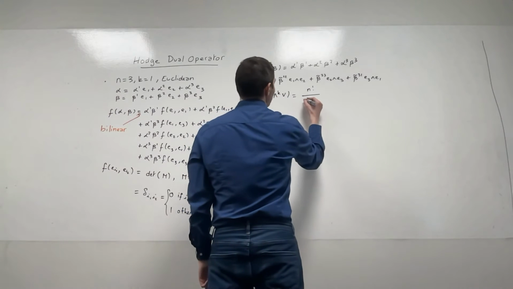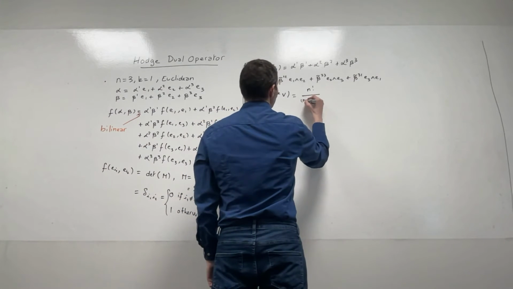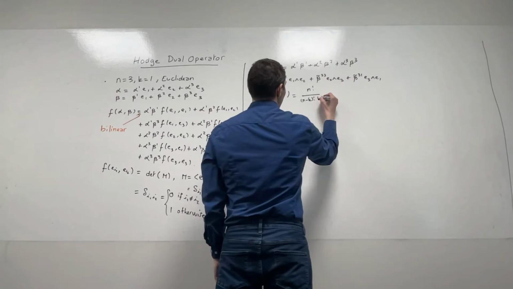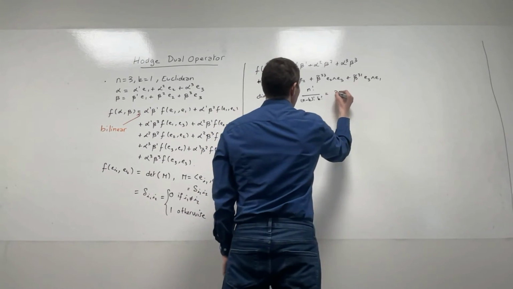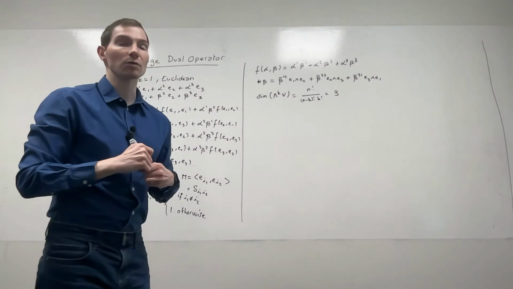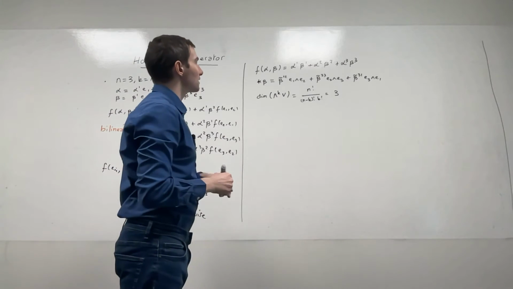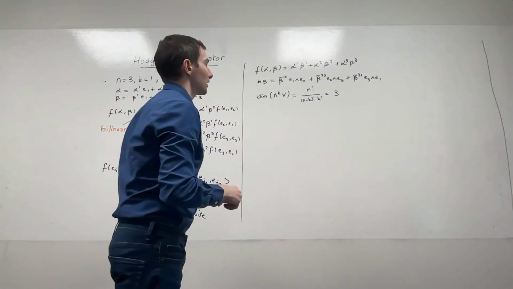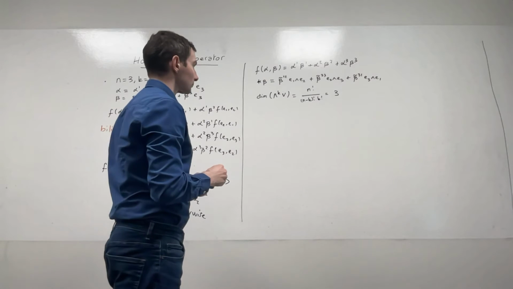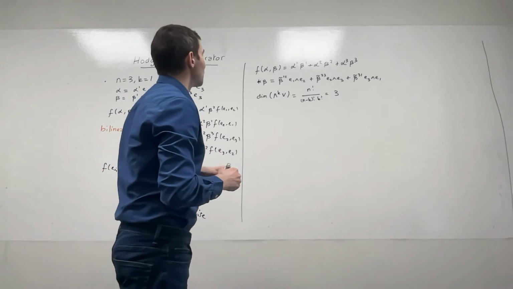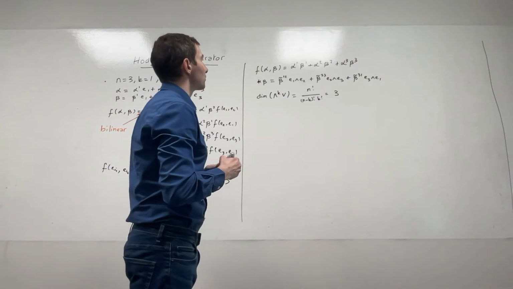And so in our case here, it's equal to 3, if K is equal to 2, because we're looking at this, and n is equal to 3. Okay, so that's what we are going to find.